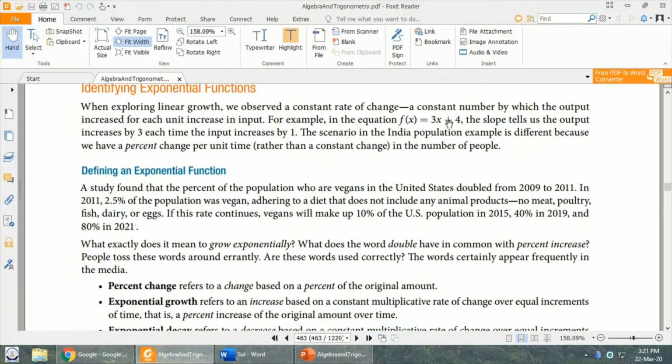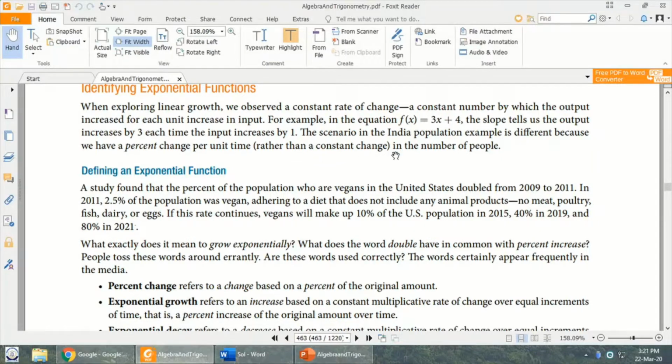It means that for any value that x assumes, the value would be increased by 3 times, which is a constant number, and the input would increase by 1. It means from 0 to 1, and then from 1 to 2, 3 and 4. So the input is increasing by 1, but the output gives you an increase of 3.